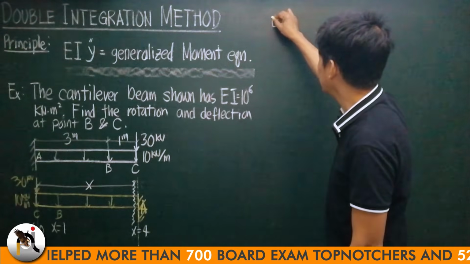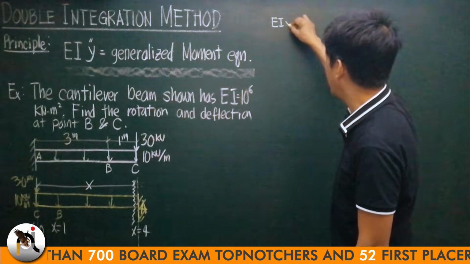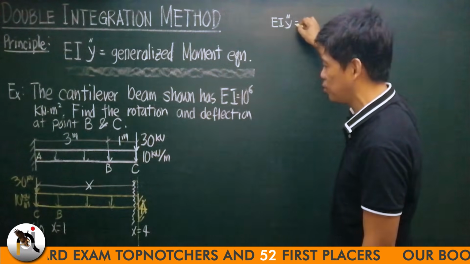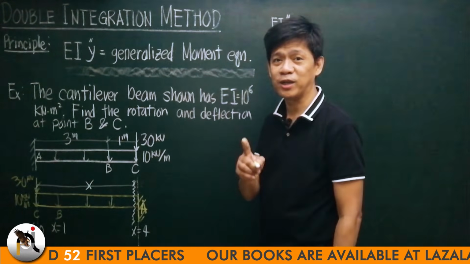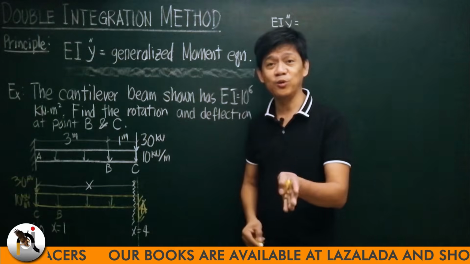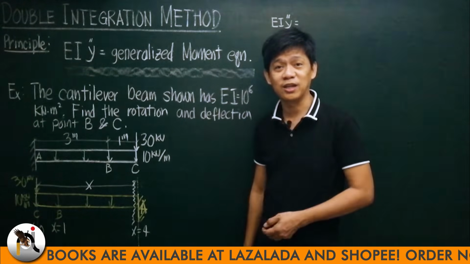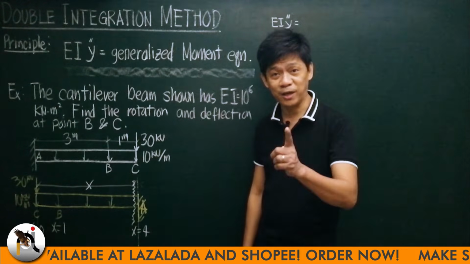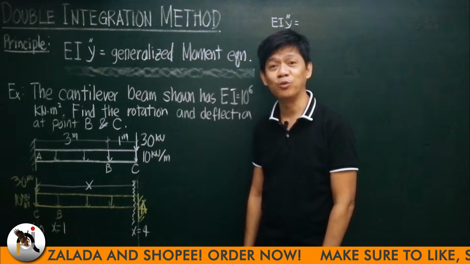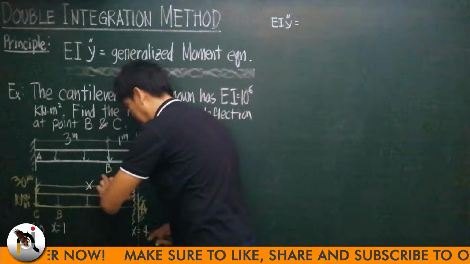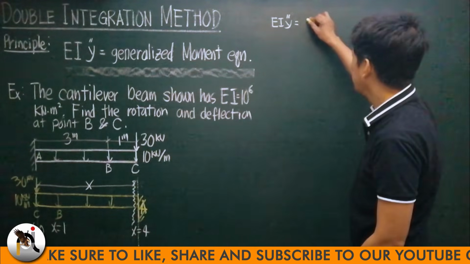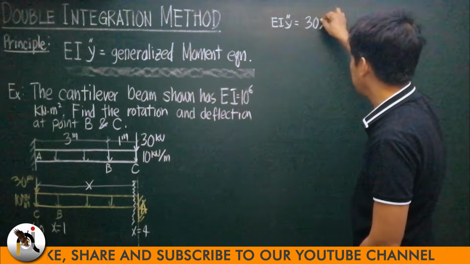The key equation is that EI y double prime is equal to, what's the moment here? This is now the significance of what I taught you. Kindly review the first part of this structural analysis series, part 1, where I discuss the moment equation. So the moment due to 30 kilonewtons, that is a downward load, is 30 times x.